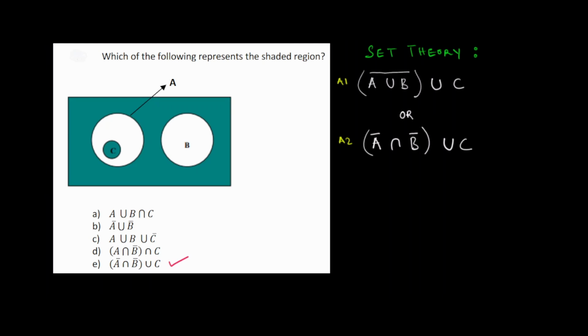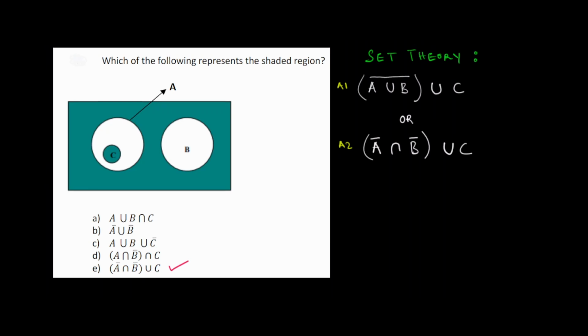But before we go there, as a student of mathematics, we should always strive to understand things beyond just cramming them or rote memorization. So let us just take a few minutes to prove that A union B complement is going to be the same as saying the complement of A intersecting the complement of B. To do this, let us just have a Venn diagram representation of this.